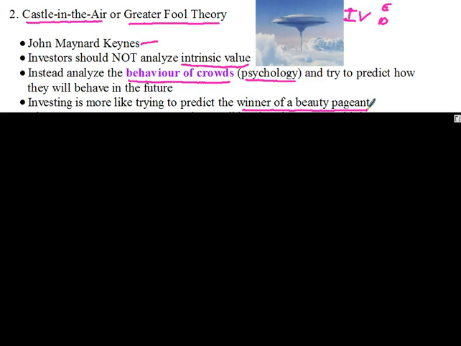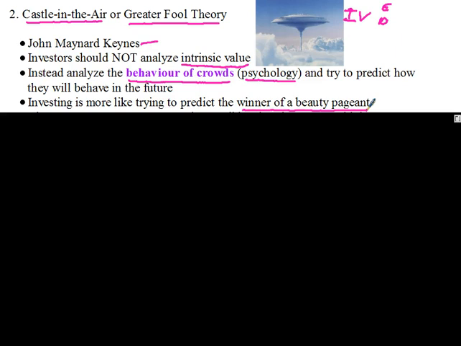Keynes is saying that if you want to win the bet, if you want to figure out who's going to win the beauty contest, you don't want to figure out who you think is the most beautiful person. You want to figure out who you think everybody else thinks is going to be the most beautiful person.